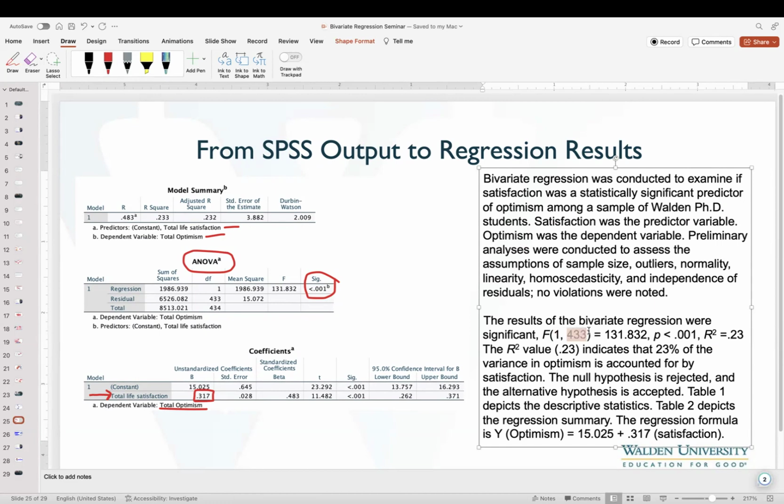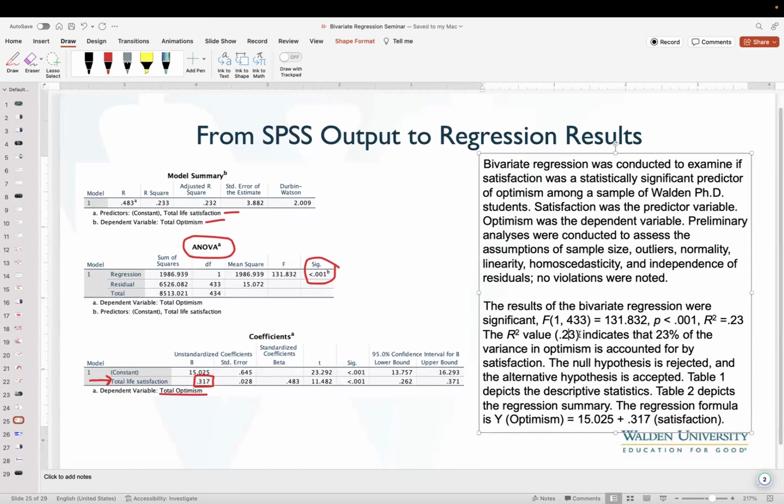433, anyone want to take a stab at that? N minus 2, N minus 1. Yeah, it's a degree of freedom, but again, in English terms, we know that the 1 is a variable, it tells me 1 variable. What does 433 tell me? The number of cases we had. Exactly, the sample size. It's an indication of sample size. For regression, I believe it's N minus 1.